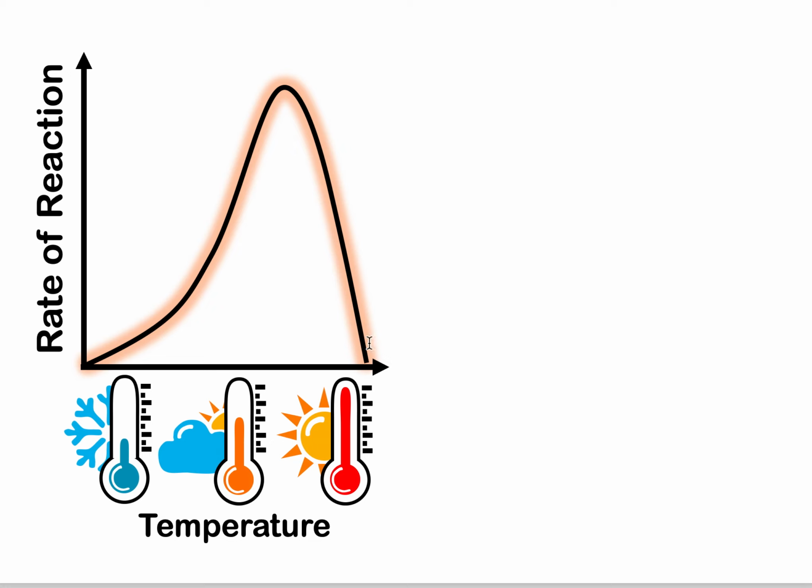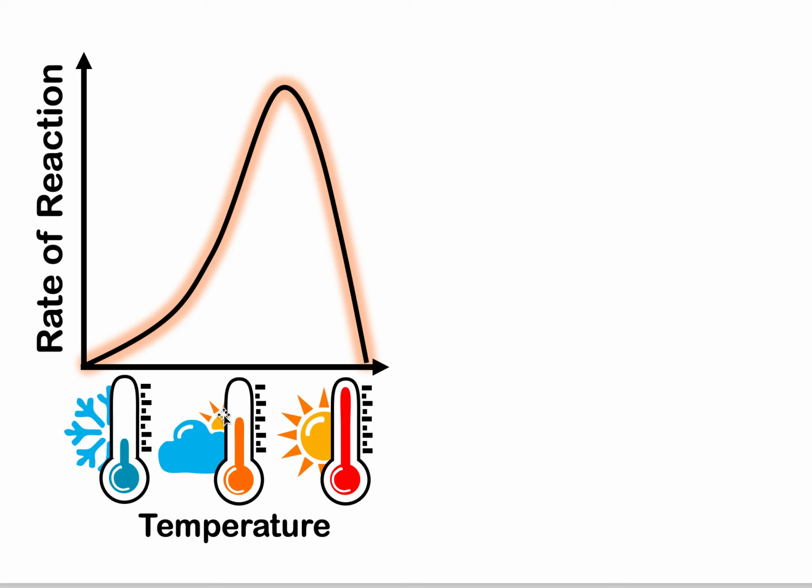At very high temperatures, the rate of reaction is low, right? But right in the middle, the sweet spot, there's a peak or an optimum temperature where the rate of reaction of the enzyme, meaning the temperature at which the enzyme works the best, it has the highest rate of function, is typically at a medium temperature.